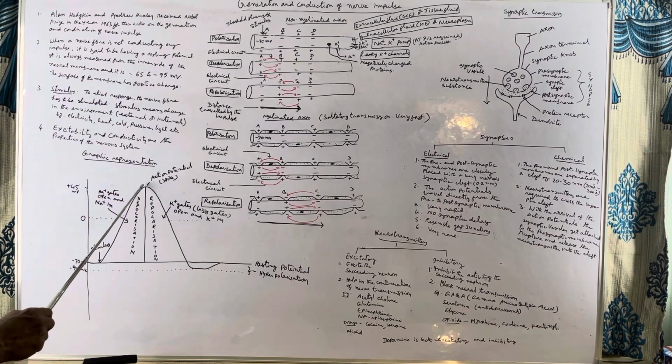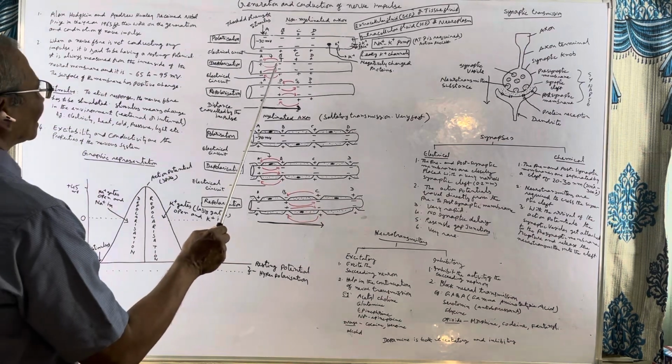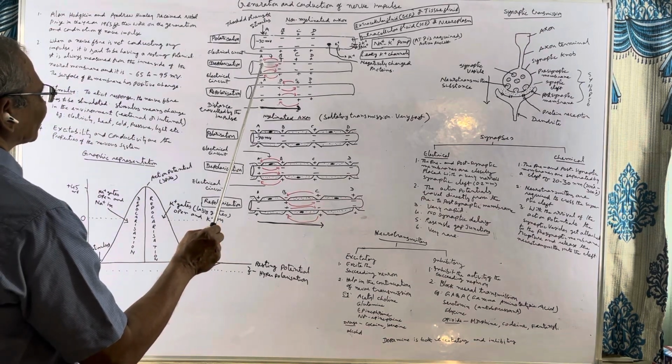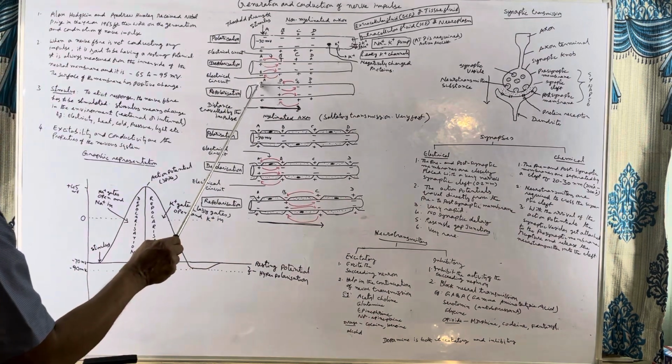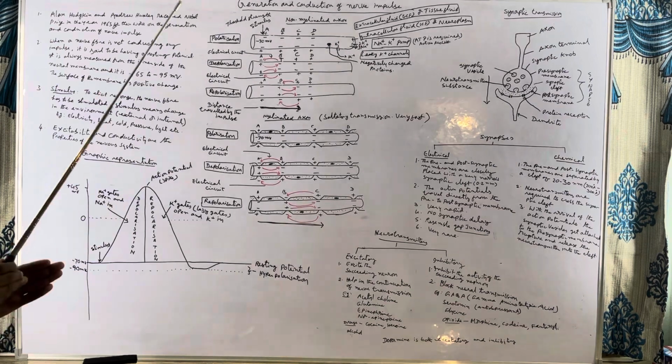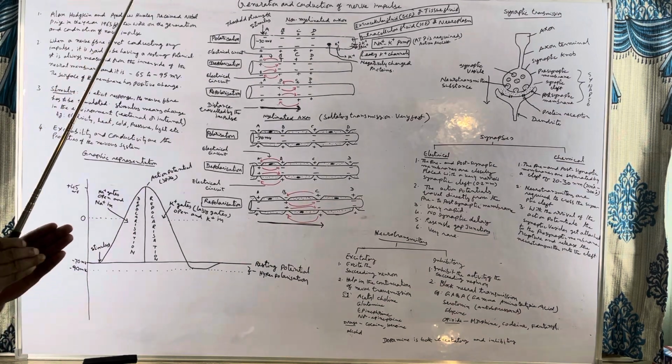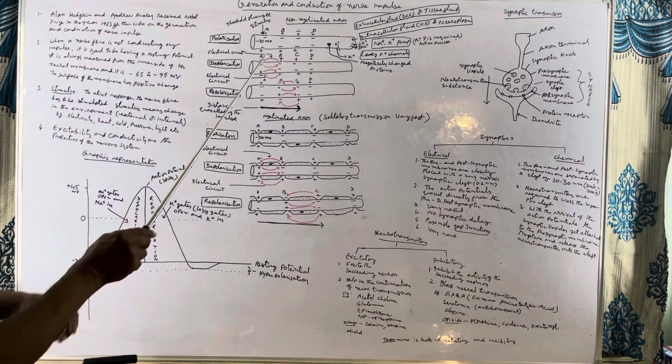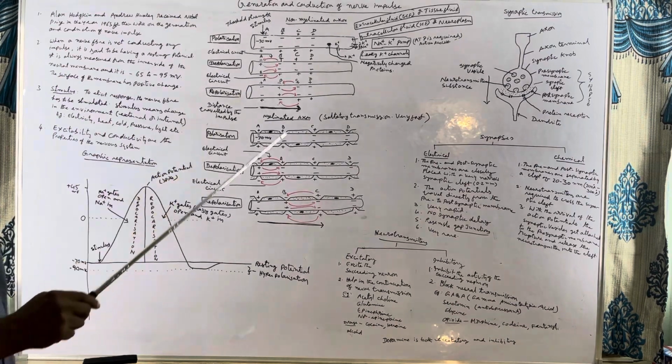Once it reaches this level, what happens? Repolarization takes place. At this level, the voltage gated sodium channels suddenly close and they no longer allow the sodium ions from outside to inside.